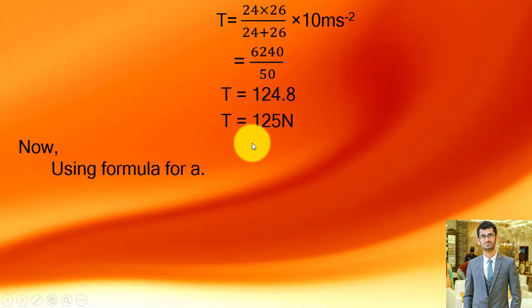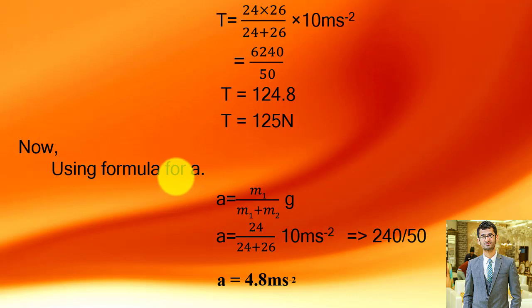Now, we need to find the acceleration of the objects. For that purpose, using the formula A is equal to M1 over M1 plus M2 into G. Putting the values in this equation, we get 24 divided by 24 plus 26 multiplied by 10 gives us 240 divided by 50.